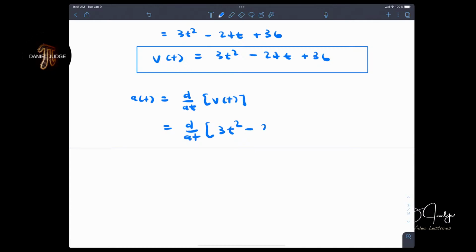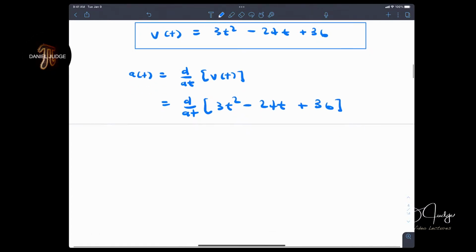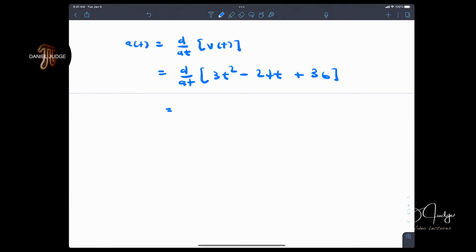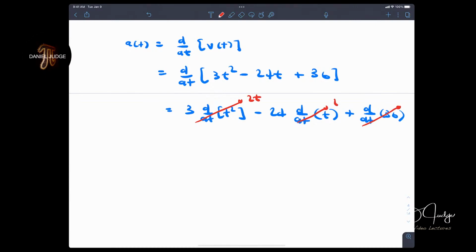3t squared minus 24t plus 36. Use properties. And now, power rule: 2t, 1, 0.